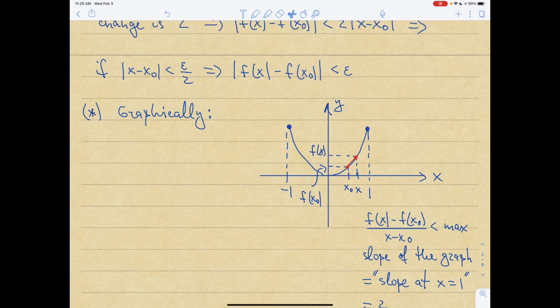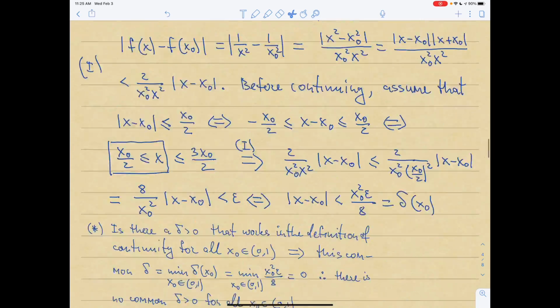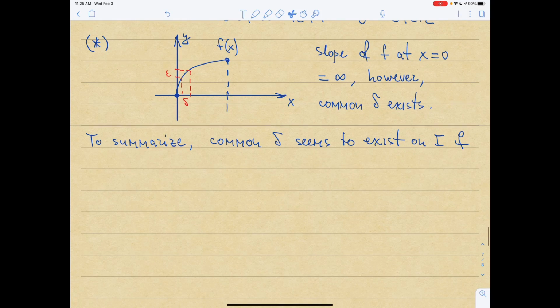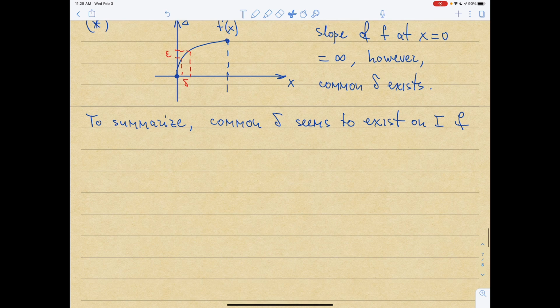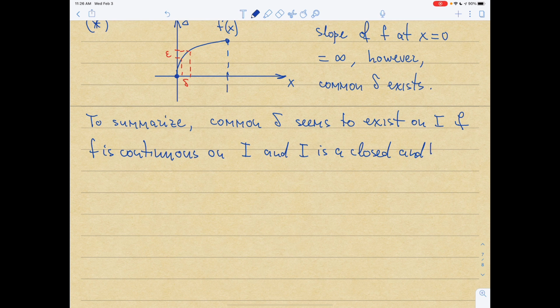So what appears to be true here is that if the function f is continuous on I, and I is a closed and bounded interval, then a common delta exists. And so this suggests that there is a theorem that we can try to prove.